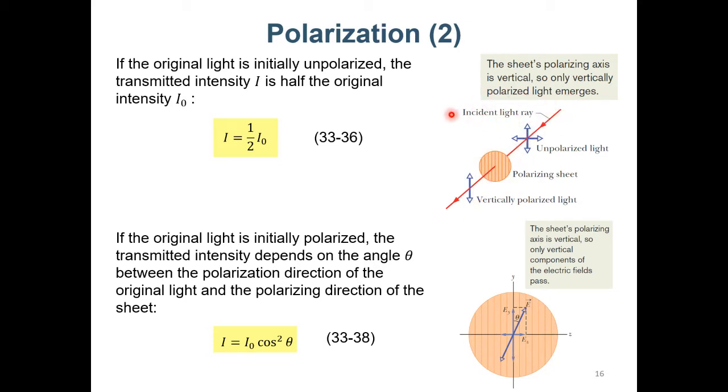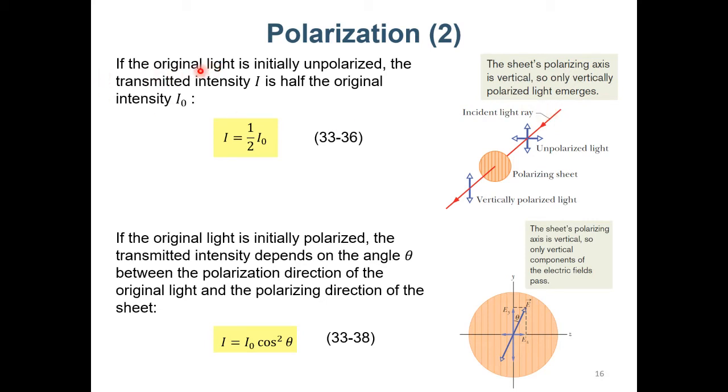Suppose the incident light ray is coming from here to here. Only the vertically polarized light can go through this filter. The sheet's polarizing axis is vertical, so only vertically polarized light emerges.